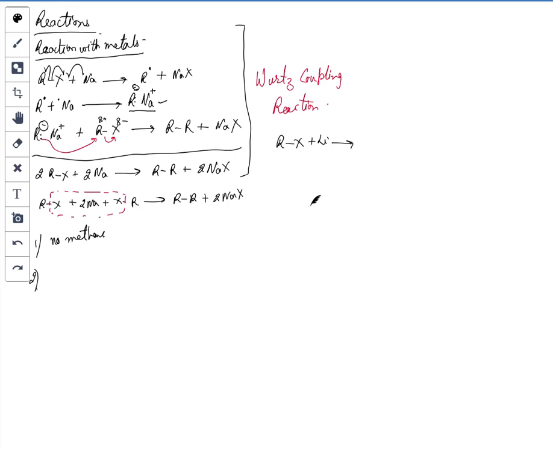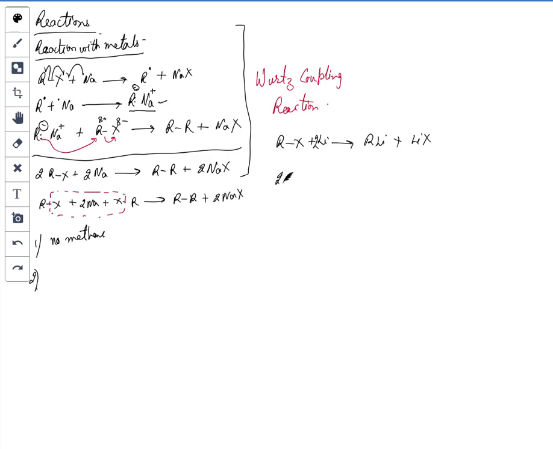So you remember the mechanism of this reaction? So let's leave that then. Very similar. The only thing is that we are going to have RLi plus LiX. We can have 2Li here.